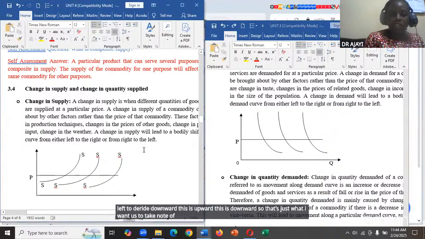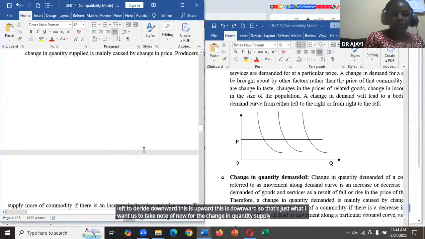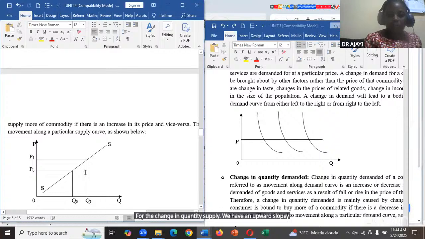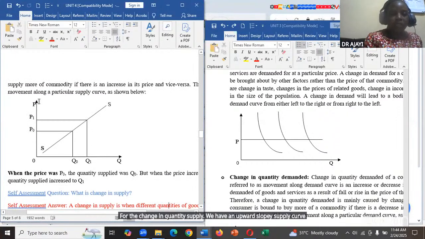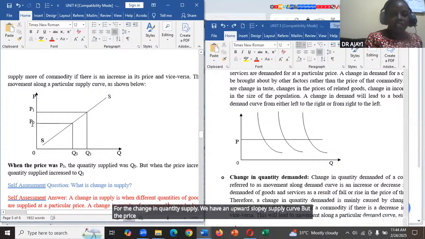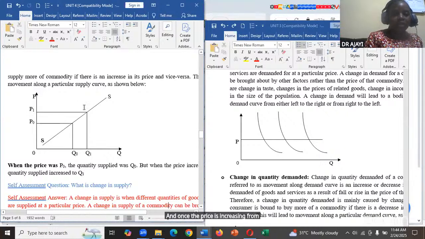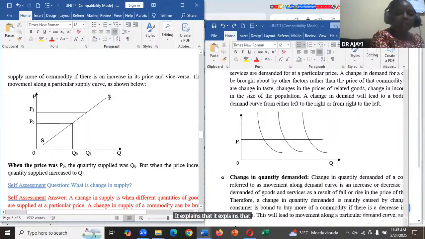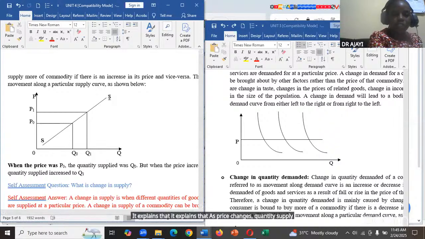Now, for the change in quantity supply, we have an upward sloping supply curve, but the price is the one that is changing. Once the price is low, quantity supplied is low. And once the price is increasing from P0 to P1, quantity supply also increases. So when you look at this upward sloping supply curve, it explains that as price changes, quantity supply also changes.